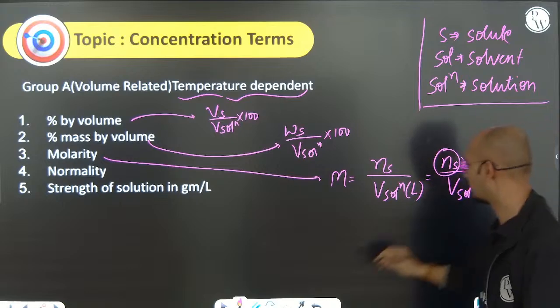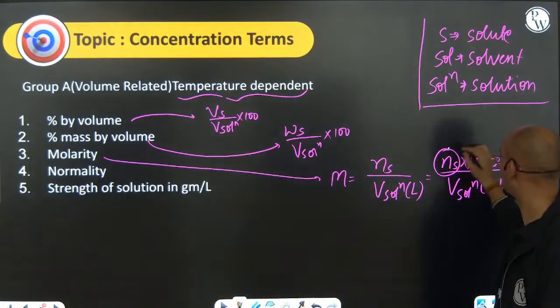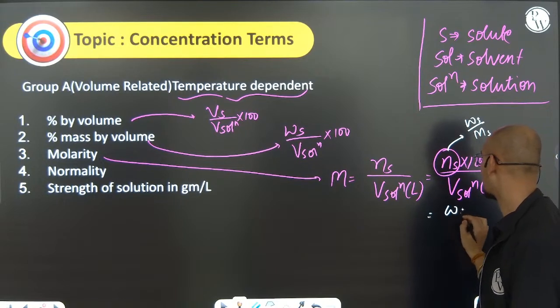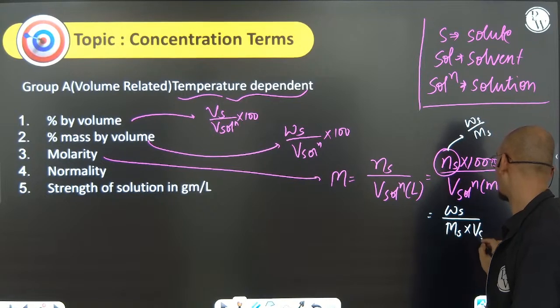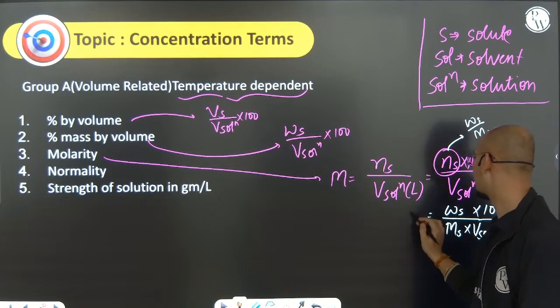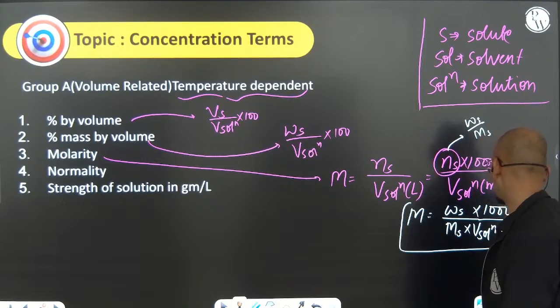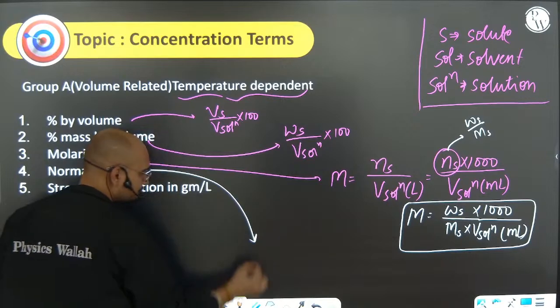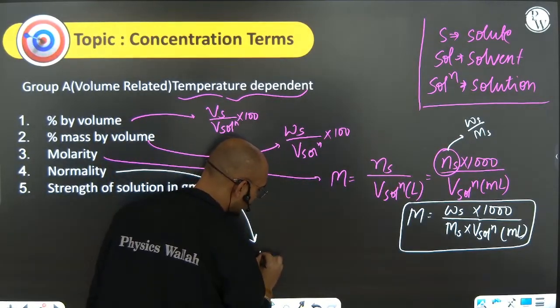The number of moles equals given mass of solute by molar mass of solute, so molarity equals given mass of solute by molar mass of solute into volume of solution in milliliters, multiplied by 1000. That's very important. Now let's go to normality. What is normality?